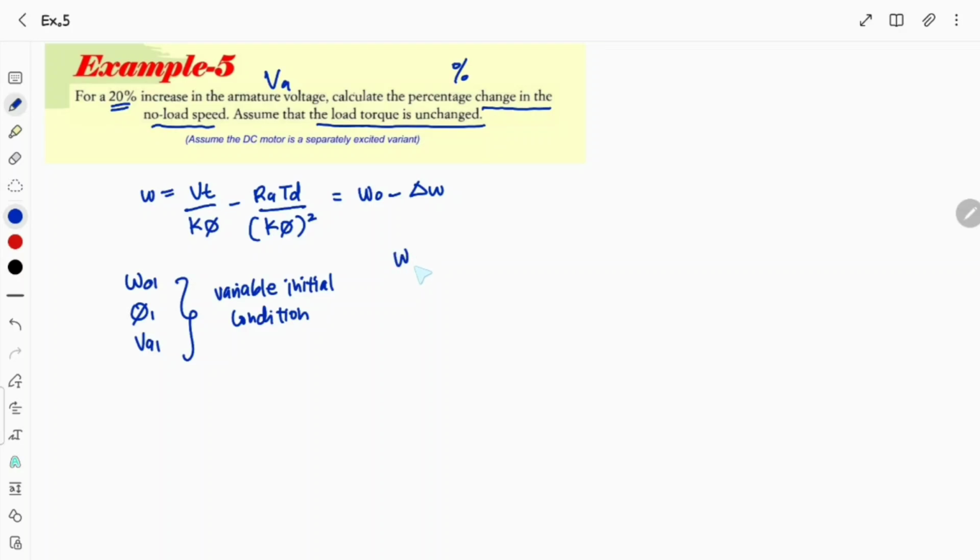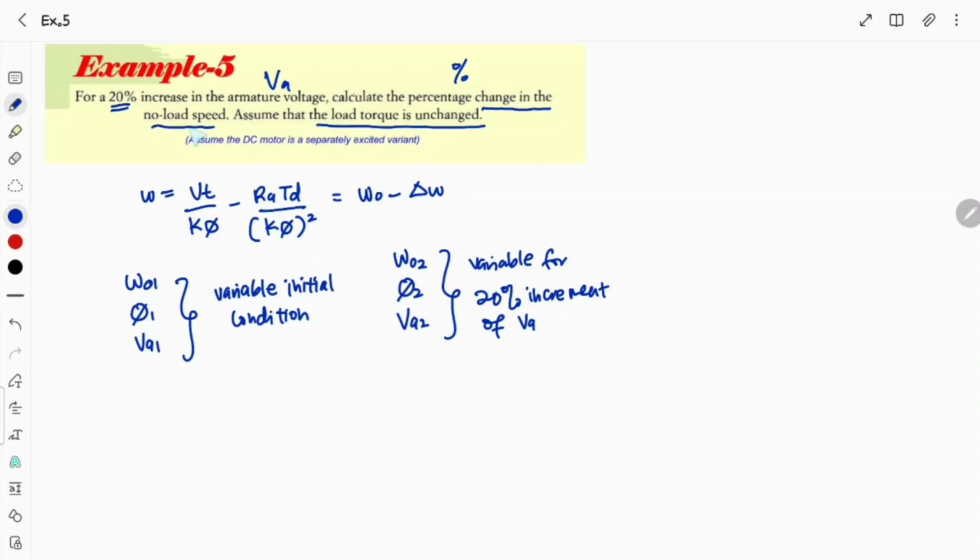And omega naught 2, flux 2 and VA2 is the variable for the required condition, for a 20% increment of VA, armature voltage.